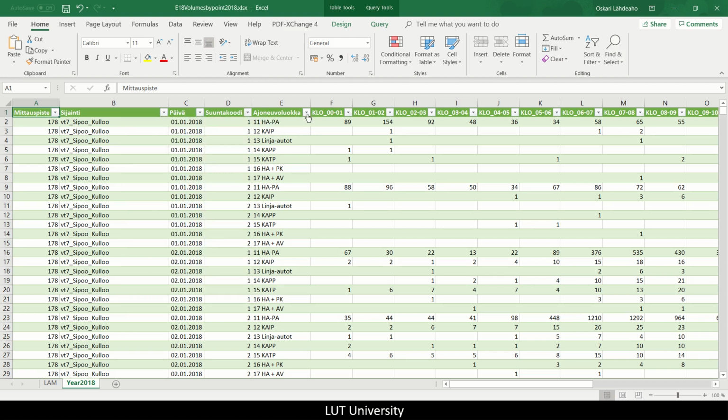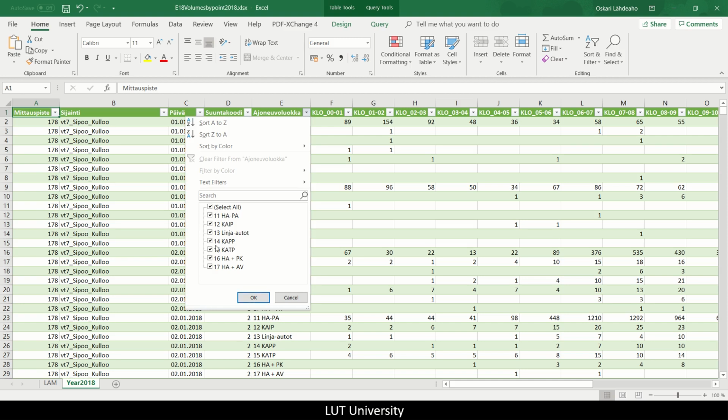And here we have the different classes. These are in Finnish, but they are passenger car, delivery truck, bus, semi-trailer truck, full trailer truck, passenger car with a trailer, and passenger car with a mobile home.